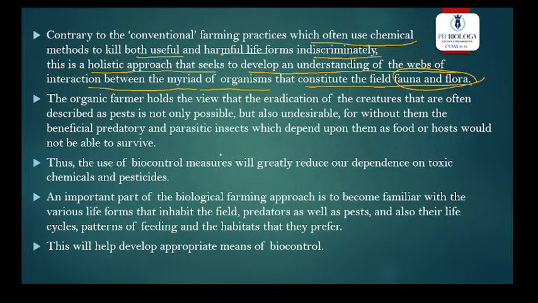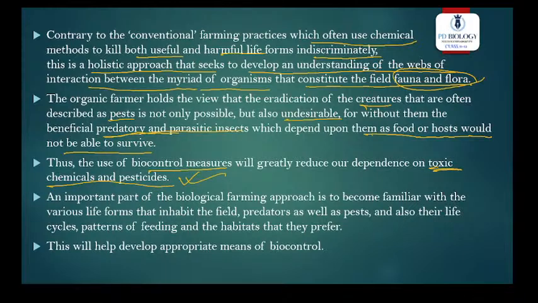The organic farmer holds the view that the eradication of the creatures that are often described as pests is not only not possible but also undesirable, for without them the beneficial predatory and parasitic insects which depend on them as food or host would not be able to survive. Thus the use of biocontrol measures will greatly reduce the dependence on toxic chemicals and pesticides. That's the utility.